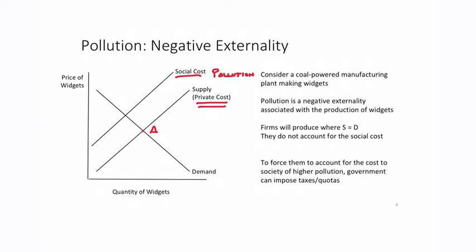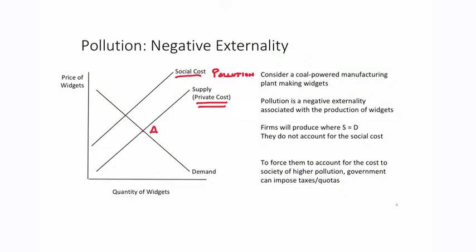So, therefore, the government may try to force the firm to produce and take into account the social cost on top of the private cost that they are faced with. One of the ways that they can do this is through taxes or through quotas on pollution.